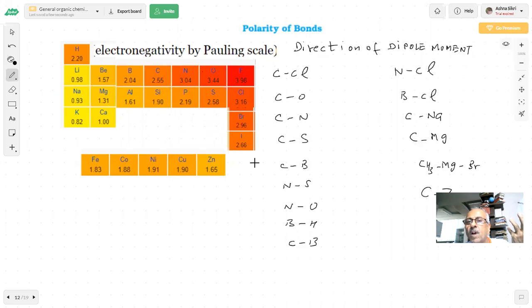Carbon-boron bonds, nitrogen, halogens could be there, and some metals. Which metals are we using? Sodium and magnesium. Grignard's reagent will have magnesium. So we are likely to experience these bonds.